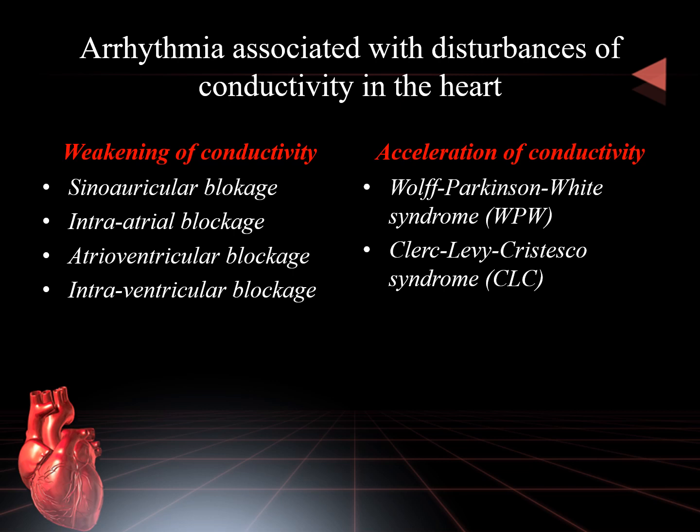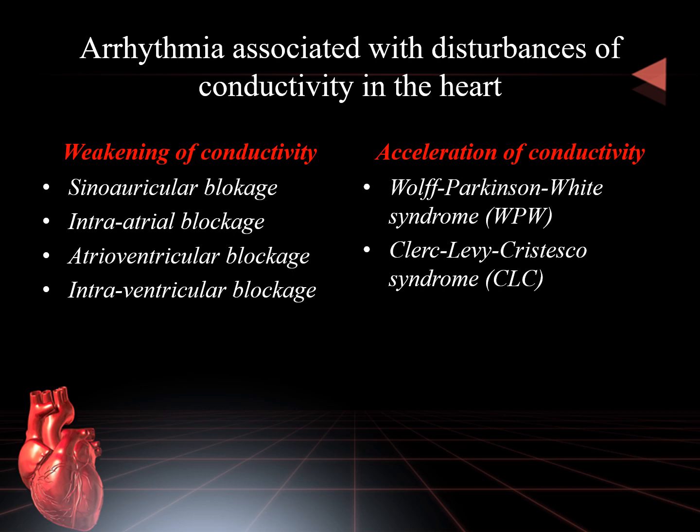Blockage of the impulse may be between the sinus node and the atrium, inside the atria, in the AV node, or in the bundle of His and its legs inside the ventricles. From this point of view, the following types of blockade are distinguished: sinoauricular, intraatrial, atrioventricular, and intraventricular blockades.